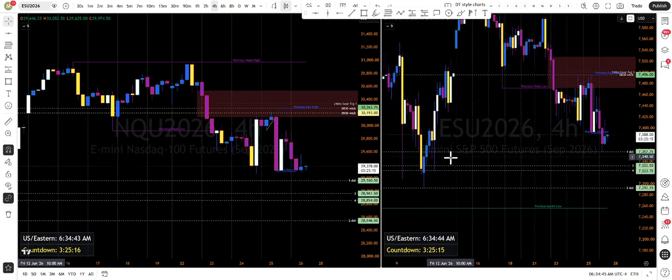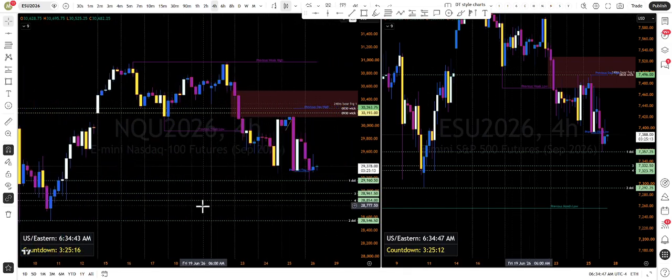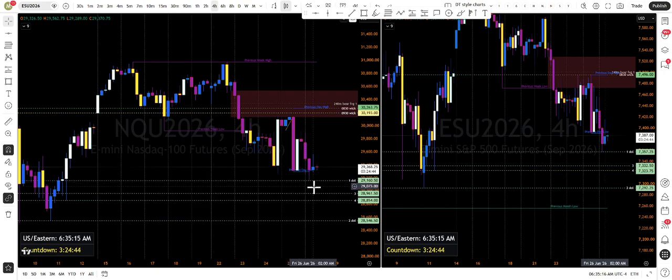Nah, I don't see any fair value gaps on the 4 hour. And the thing I'm stuck with sometimes is, should I call a fair value gap done after price has gone through it but has not closed below it?